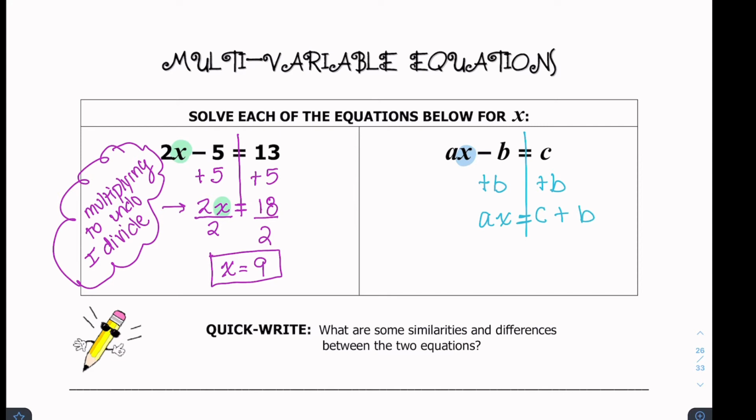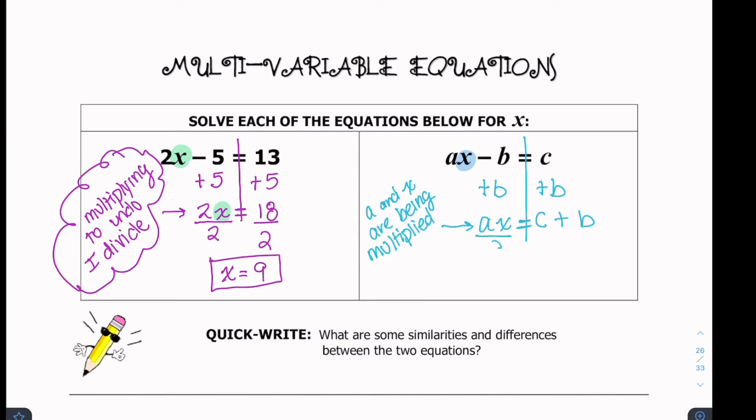Again, what is happening here between the a and the x? The a and the x are being multiplied. So to undo multiplication, I would divide.